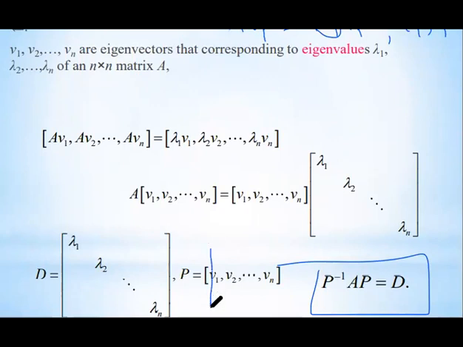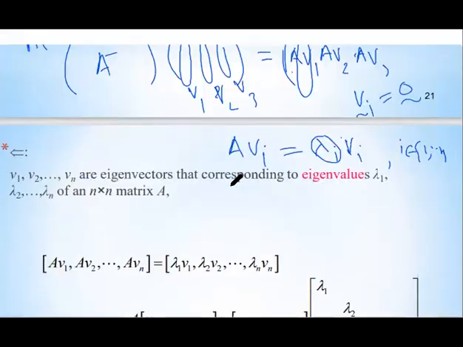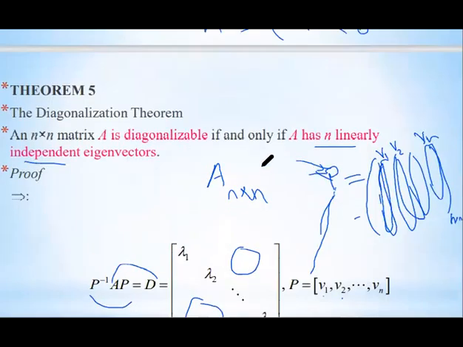Then P matrix is invertible. If these columns are linearly independent, you have n linearly independent columns, then you can show P is invertible, or this one is true. Therefore A is similar to this diagonal matrix. Therefore A is diagonalizable, right? This one is true.